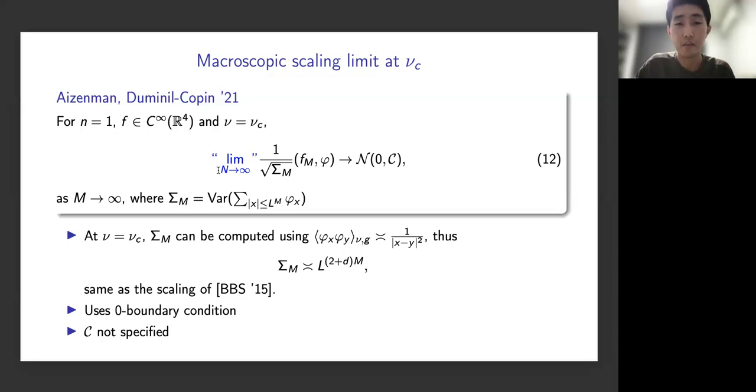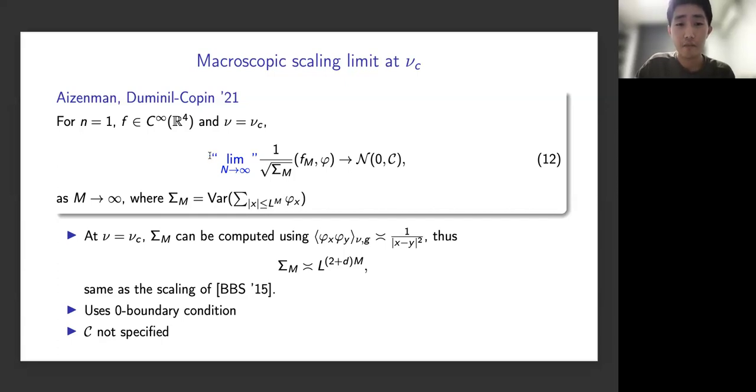In their statement, they test this random field phi against this function f_m, and it is scaled by the square root of sigma m, where sigma m is the variance of the sum of field values phi x, where x are the points inside the box with side length L to the m.